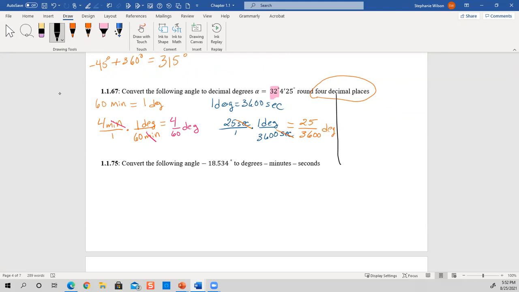Okay, so I got 32 degrees, plus the 4 degrees over 60, or 4/60ths of a degree, plus 25/3,600ths of a degree. And then anybody want to give me a number on this? Round to the 4th decimal.